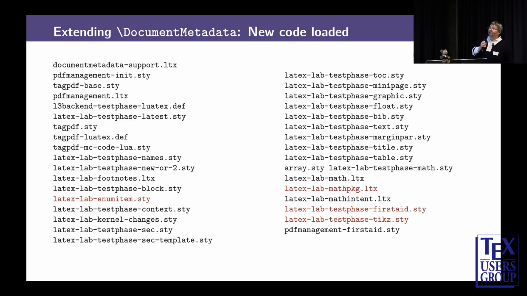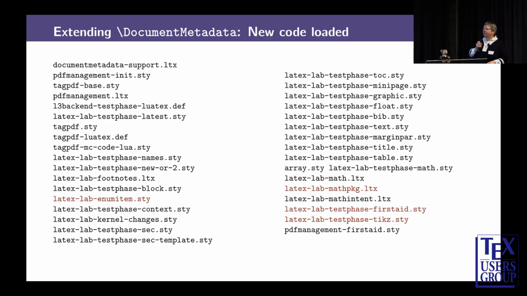A bit more sorted, that's the list, copied and a bit sorted. There are support files, PDF management is loaded, tagpdf is loaded. There are files for the namespaces, the output routine, footnotes, blocks, which is quite a large file. This handles lists and stuff.